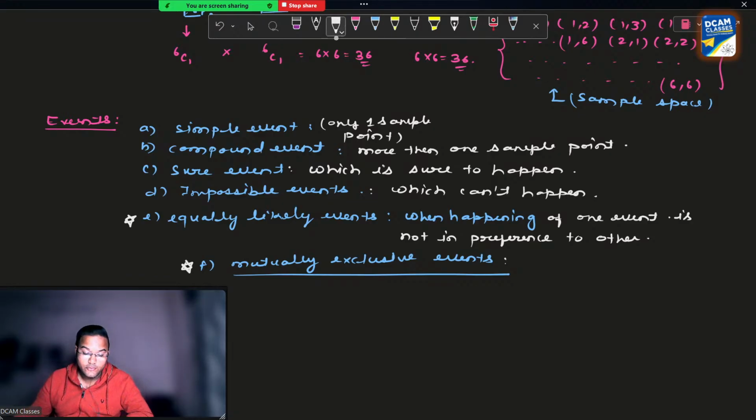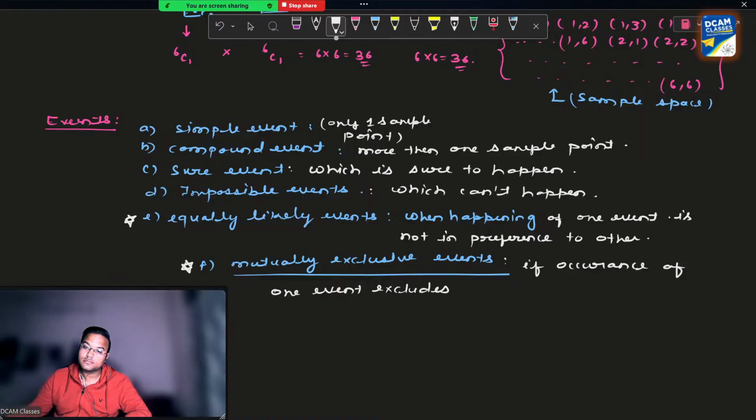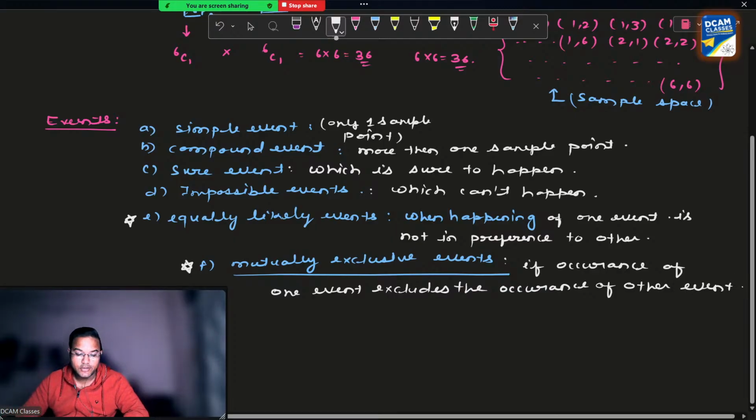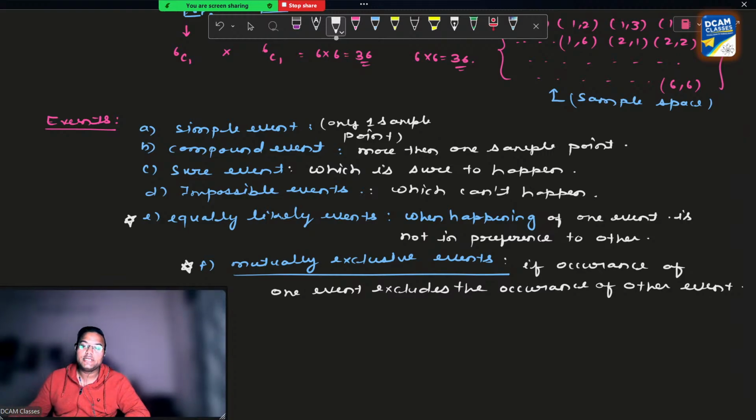What are mutually exclusive events? If the occurrence of one event excludes the occurrence of the other event. This you understood or not? Just try to see what I am telling.